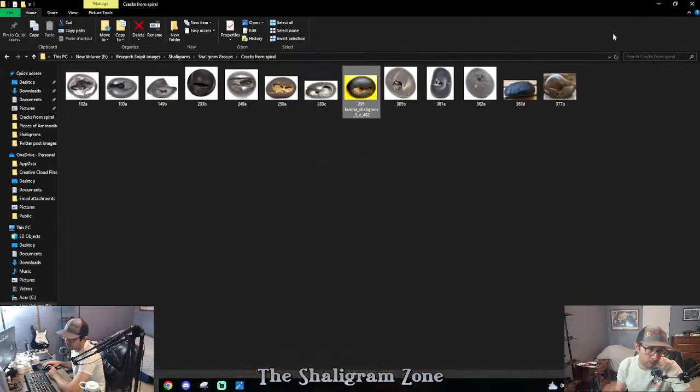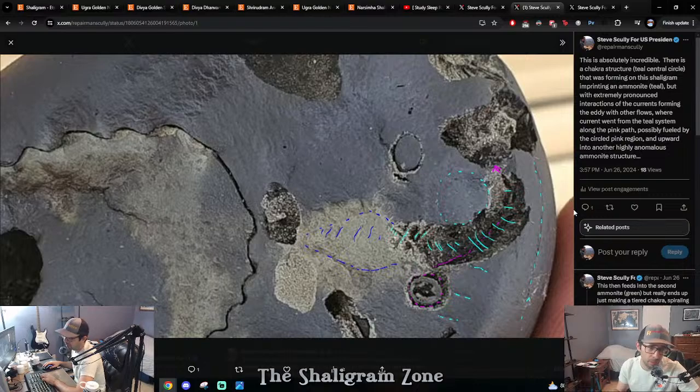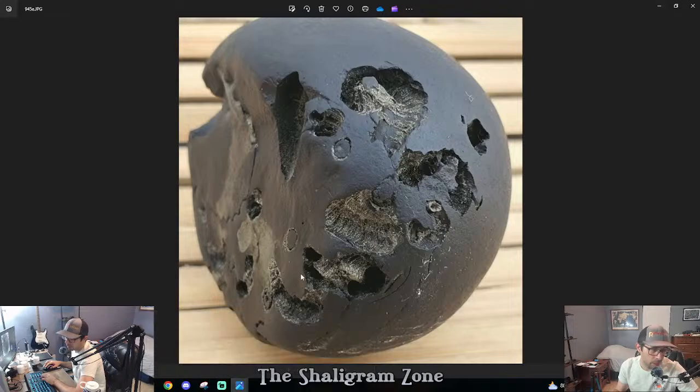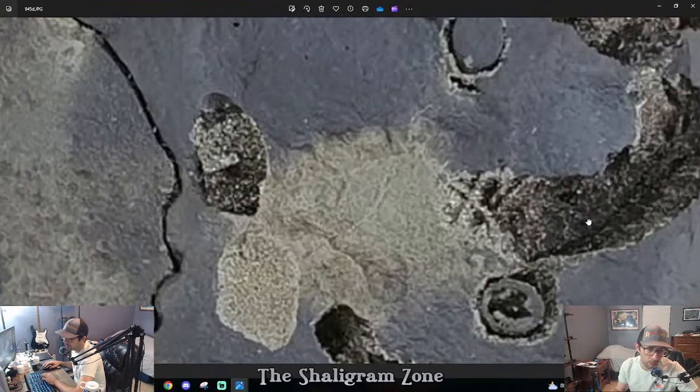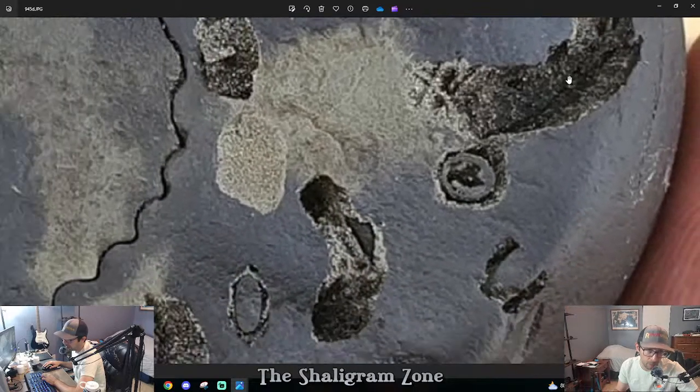So I drew this. I think on this one. So there's the chakra there. I drew a connection from here across here. Let's go back. There is a thread, like this dark line.